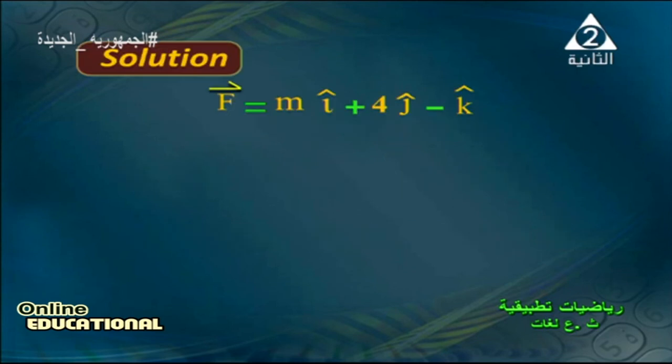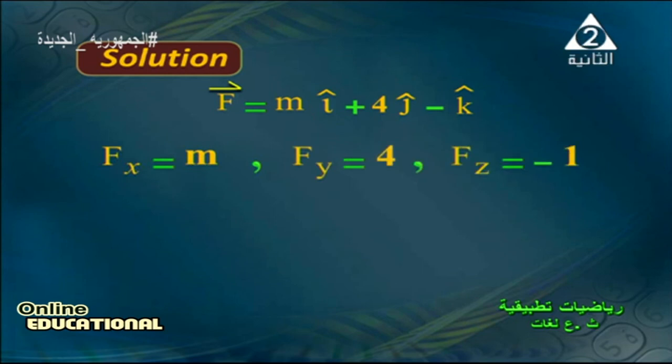Vector F equals mi plus 4j minus k. Then the component of this force in direction x-axis, Fx equals m, and the component in the direction of y-axis, Fy equals 4, and the last component Fz, or the component in the direction of z-axis, equals -1.